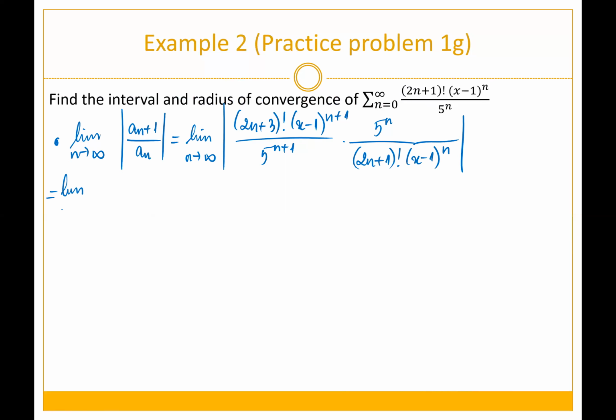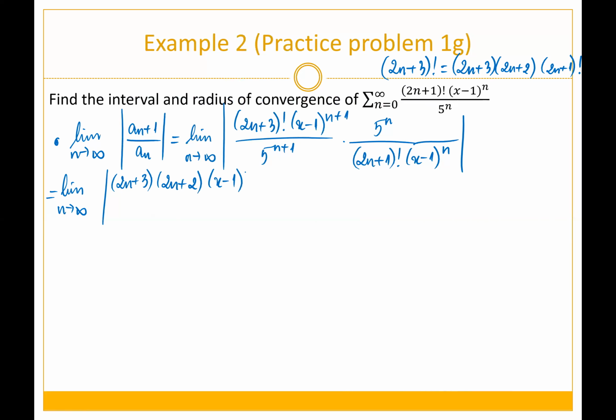Here, 2n plus 3 factorial is 2n plus 3, 2n plus 2, times 2n plus 1 factorial, so I can cancel out the 2n plus 1 factorial in the denominator. What we have left is 2n plus 3, 2n plus 2, and x minus 1 divided by 5.